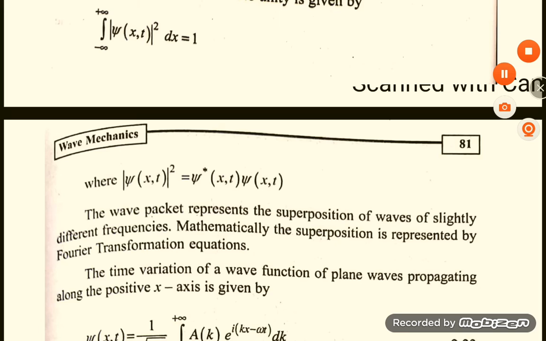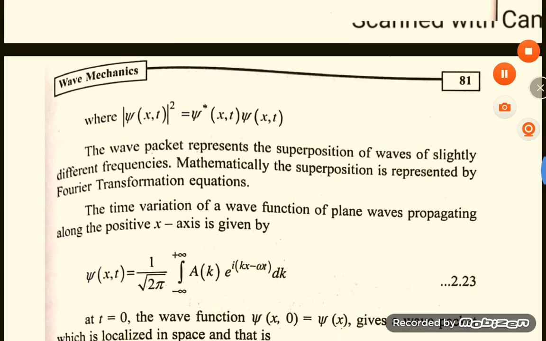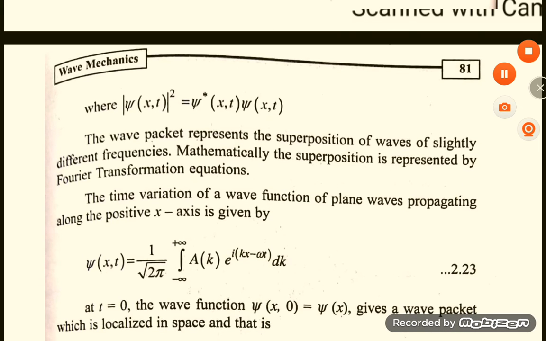Mathematically, the superposition is represented by the Fourier transformation equations. The time variation of the wave function of a plane wave propagating along the positive x-axis is given by psi(x,t) is equal to 1 by root 2 pi integral from minus infinity to plus infinity of a(k) e^(i(kx − ωt)) dk.